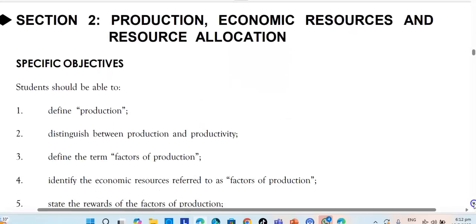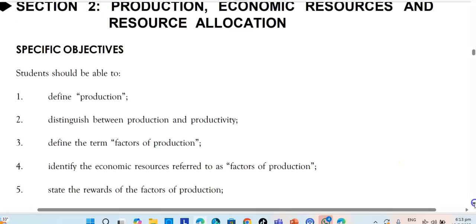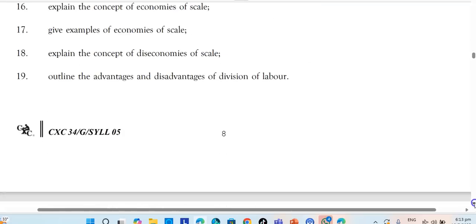Specific objectives: students should be able to define production. We're going to look at the first three objectives, then we answer the question. Students should be able to define production, distinguish between production and productivity, and define the term factors of production. Now let's go down to the content.